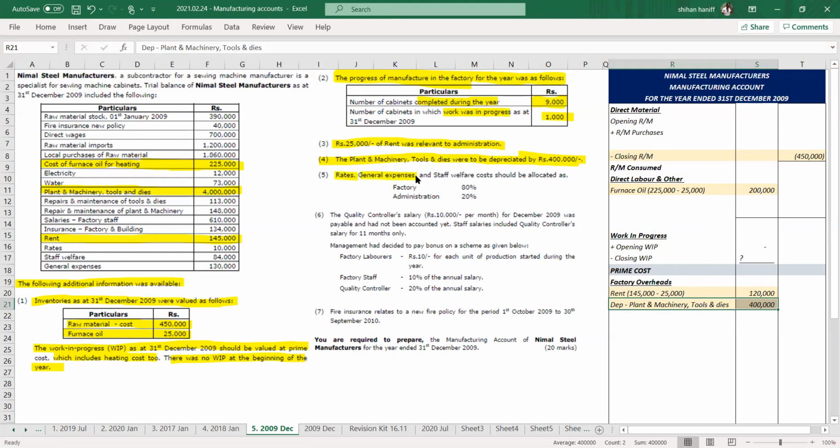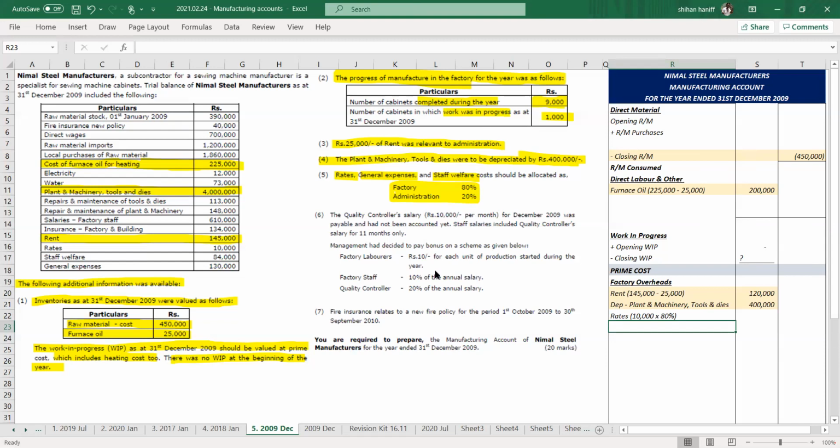Rates, general expenses and staff welfare cost: the factory share is only 80%. The remaining 20% is for administration. So can you take the rates, 10,000? Out of 10,000, only 80% belongs to the factory overheads.